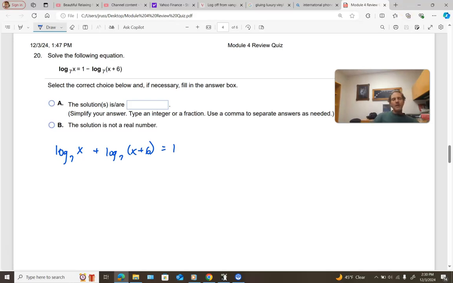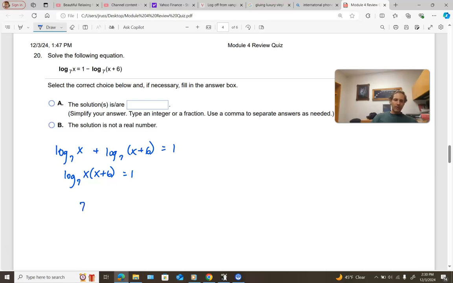Now what we can do is condense these two logarithms on the left-hand side into just one using the product rule, because they're separated with addition here. So this would become log base 7 of x times x plus 6 is equal to 1. And now that we have just one logarithm, we can exponentiate this.